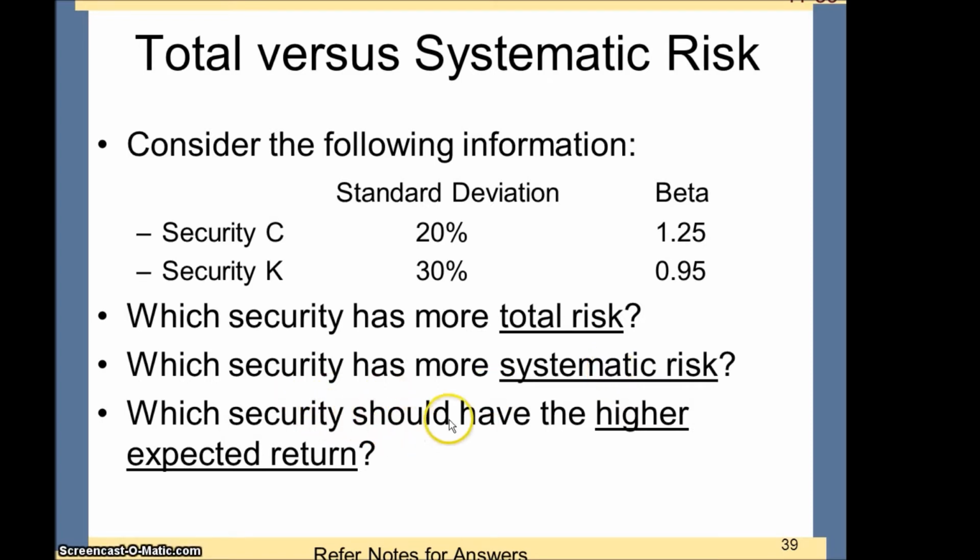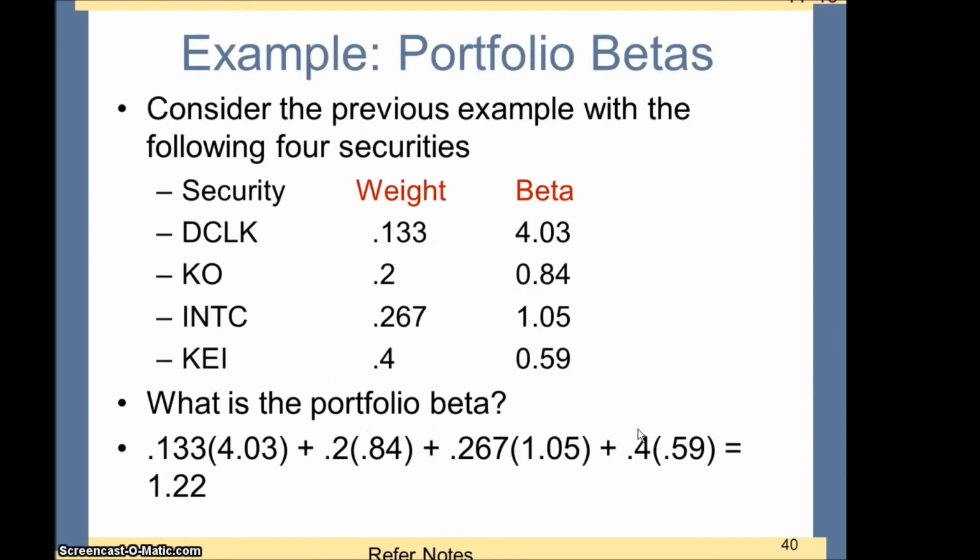Now which stock should have higher expected return? Return will only be awarded for those who bear market risk, that is measured by beta. So not looking at standard deviation, but look at beta. So stock C has higher beta, so stock C should be awarded with higher expected return. So the answer is stock C.